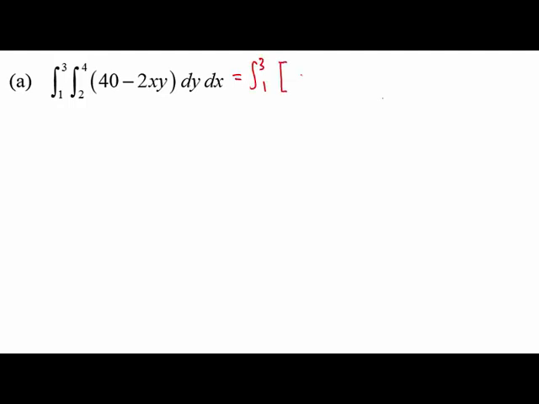Remember that we are able to place square brackets so as to identify the inner partial definite integral. So copy the rest of the expression, close the square bracket and write dx. So the square brackets tell you that you should integrate this expression 40 minus 2xy with respect to y first. So let's do that.